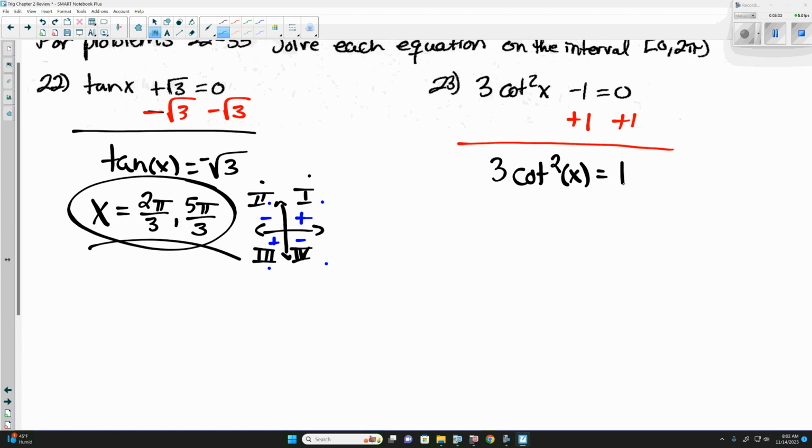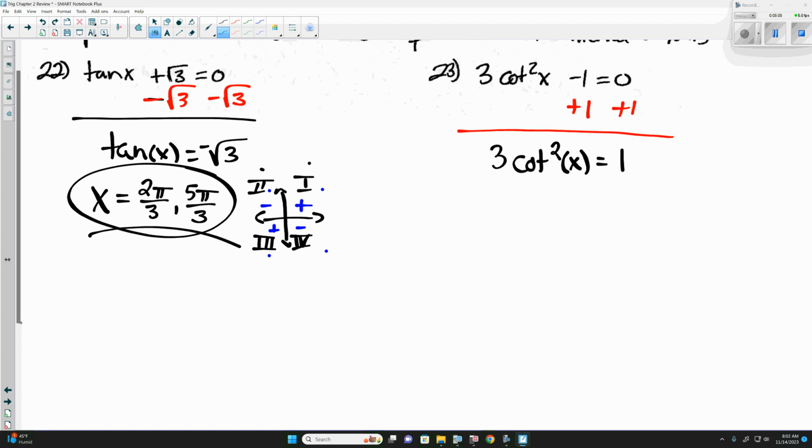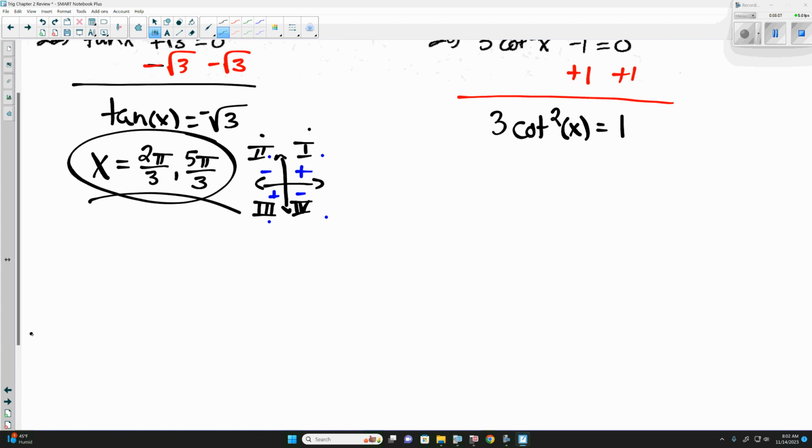If we have a singular trig function that cannot be combined into one, where I have cotangent squared on both sides, well, we can move it over and they become a single term. If I have cotangent squared and cotangent, I need it all equal to 0. Almost like if we had an x squared term and an x term, we need everything on the same side, set it equal to 0. Here, we can get the term by itself.